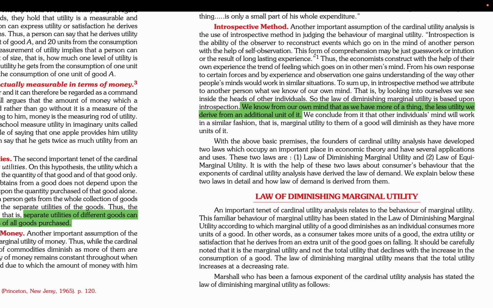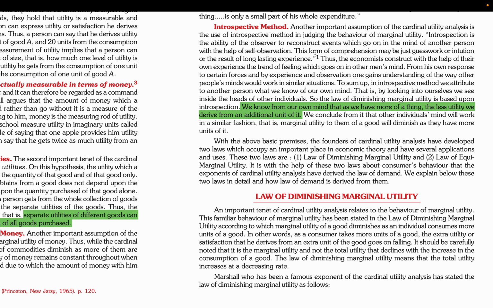We conclude from this that other individuals' mind will work in a similar fashion, that is, marginal utility to them of a good will diminish as they have more units of it. So because it's happening for you, it's going to happen with others as well. With the above basic premises, the founders of Cardinal Utility Analysis have developed 2 laws which occupy an important place in the economic theory and have several applications and uses.